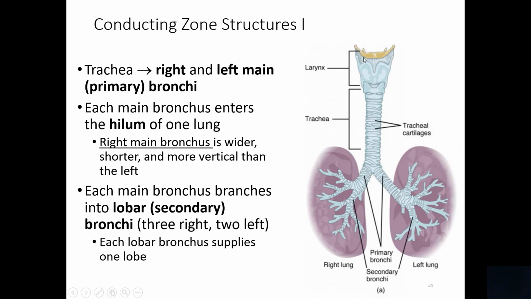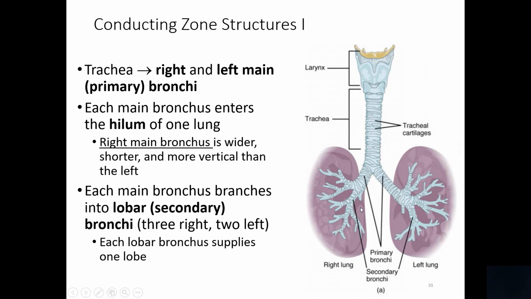So what is conducting zone? Let's remember that's the way of air from the nose into the pharynx, larynx, trachea, bronchi, and lungs. And left and right bronchi originating straight from trachea are called primary. Each of them enters the lung in a place called hilum.